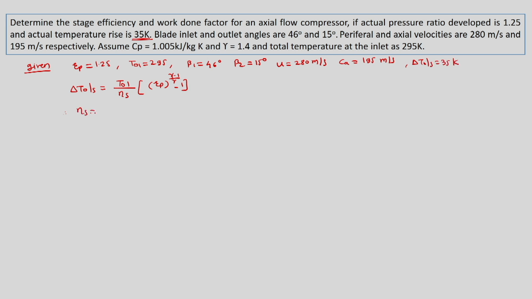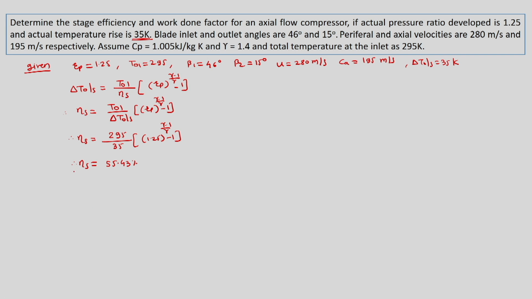So we can say stage efficiency is T01 divided by delta T0 stage into Rp raised to gamma minus 1 upon gamma minus 1. So stage efficiency turns out to be 295 divided by 35 into 1.25 bracket raised to gamma minus 1 upon gamma minus 1, and directly we get stage efficiency as 55.43%.